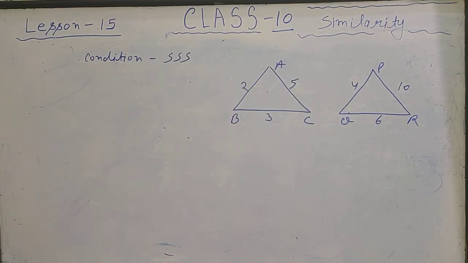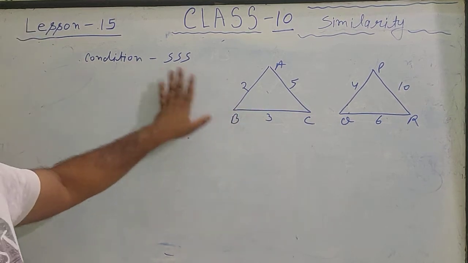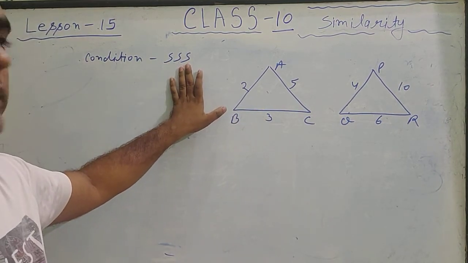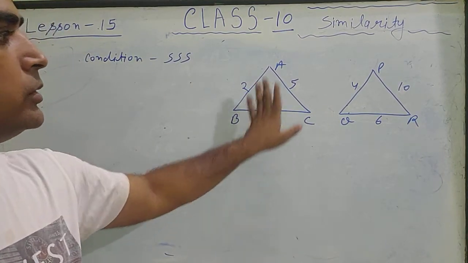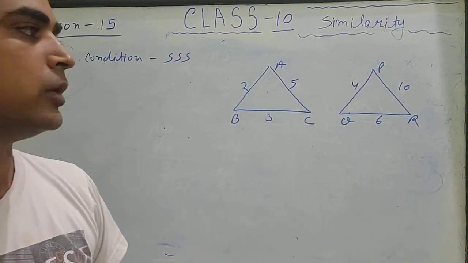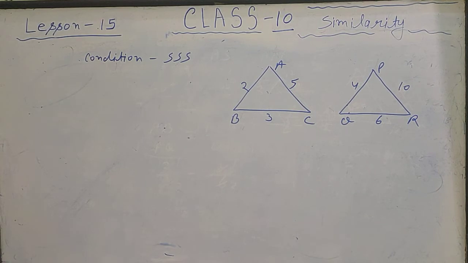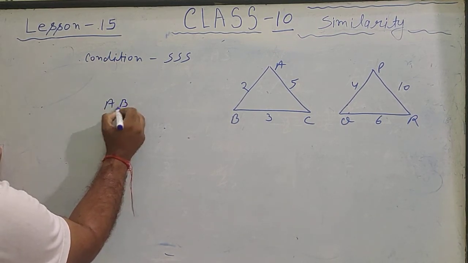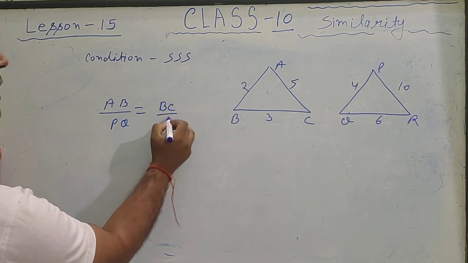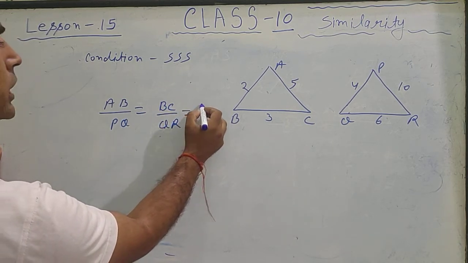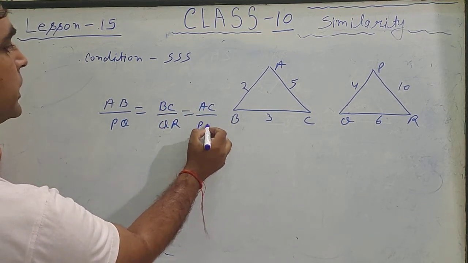Okay, now the third condition for the similarity, SSS, means the ratio between all the three sides of one triangle to the other triangle's sides will also be equal. Suppose AB upon PQ is equal to BC upon QR is equal to AC upon PR.